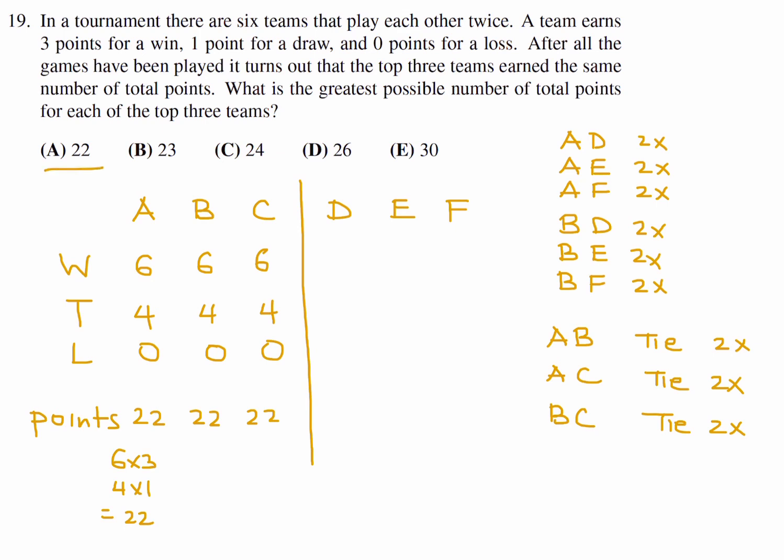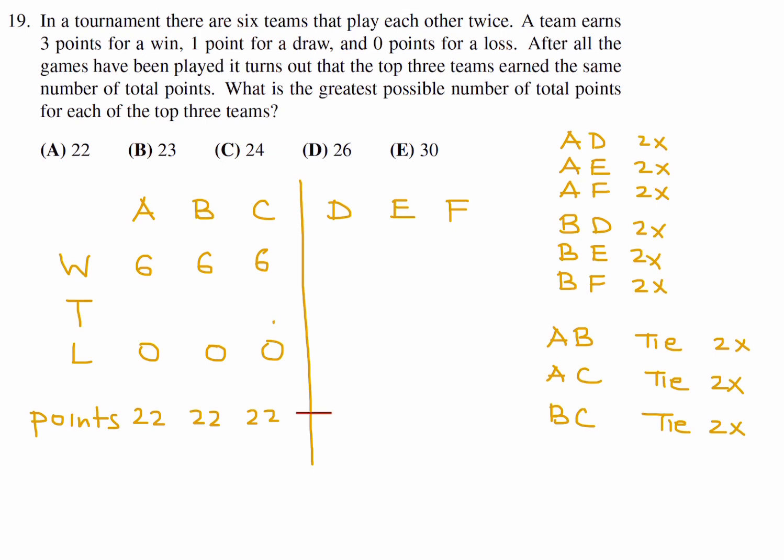So 22 is one of the answers, but let's see if we can get something bigger if we use a different scenario. And that scenario this time is a scenario with losses instead of ties. All right, so let's get rid of these ties, and I'll keep the points in there.